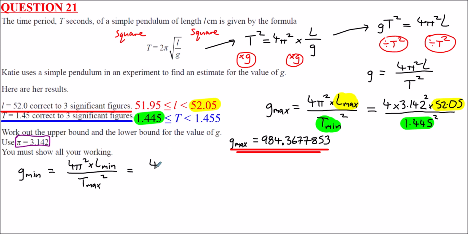So we're going to go for 4 times 3.142 squared times L min. L min is 51.95.